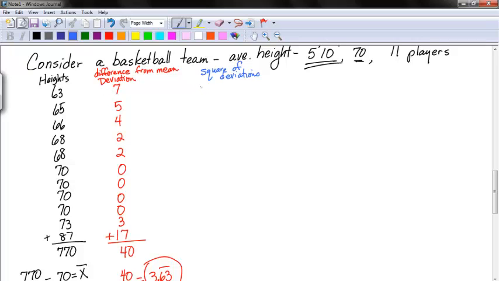So you'd take 7 squared, it'd be 49. 5 squared, it'd be 25. 16, 4, 4, then 4 zeros, 9, and 17 squared is 289. So those are all the squares of the deviations. If we added those up, we would get 396.